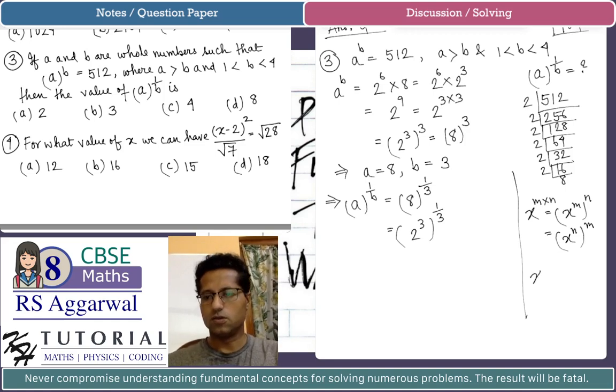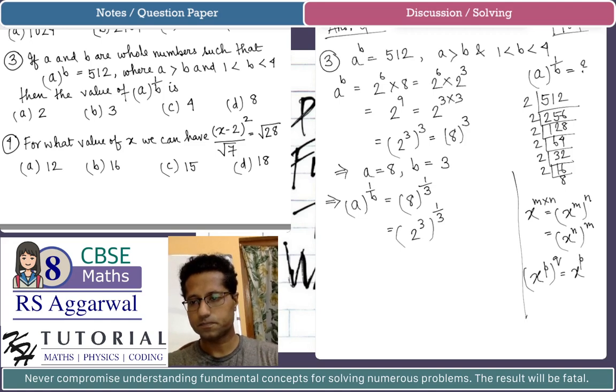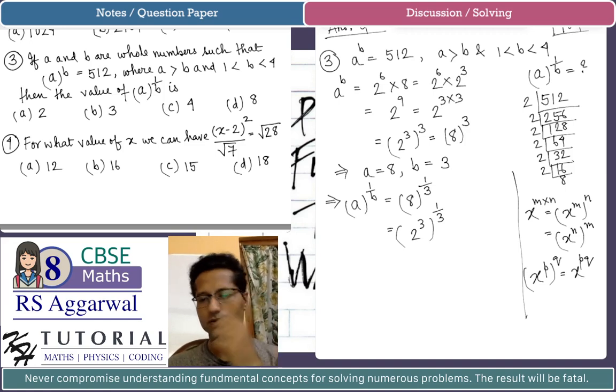So this law, that x to the power p whole raised to the power q is equal to x to the power pq, is applicable for any rational numbers p and q.